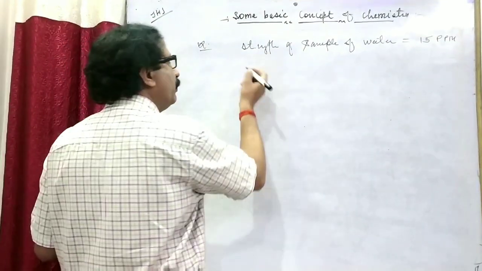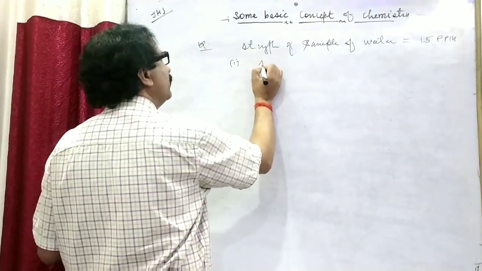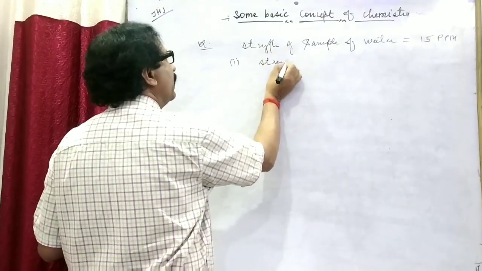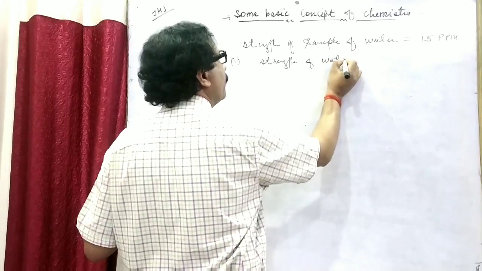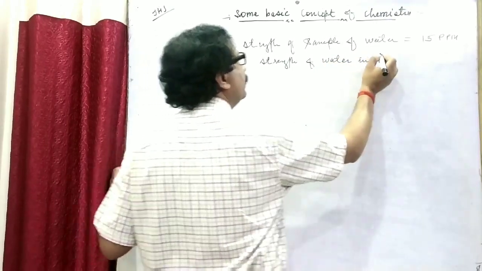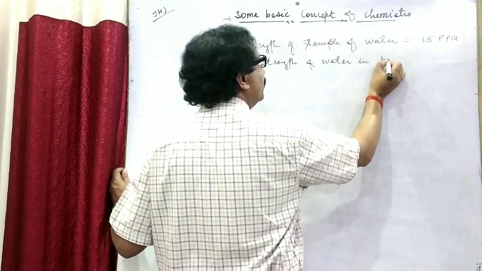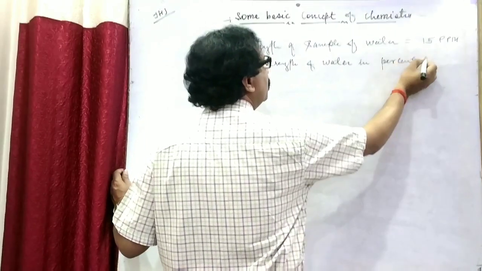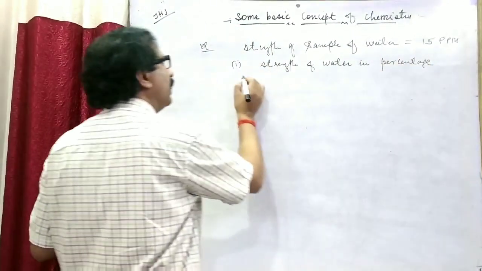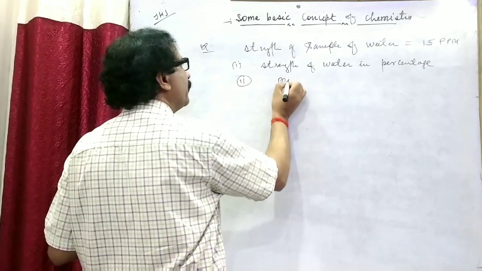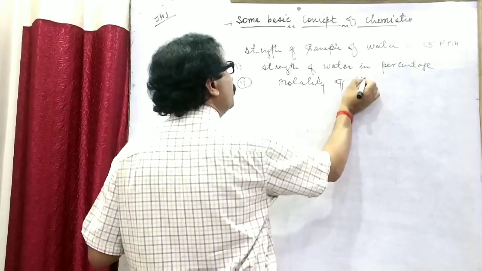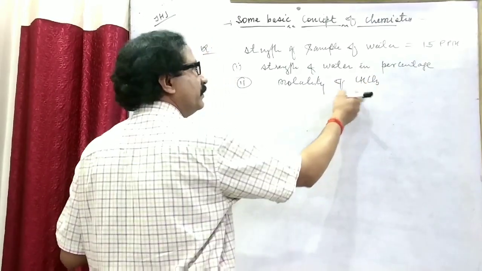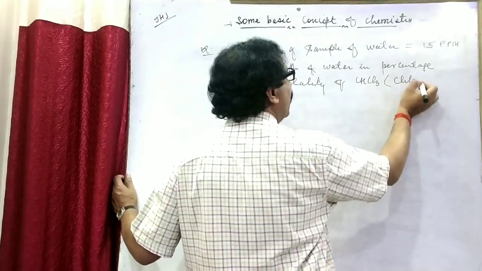Okay, and you have to find out two things: strength of water in percentage, and second, molality of chloroform. CHCl3 is the formula of chloroform.